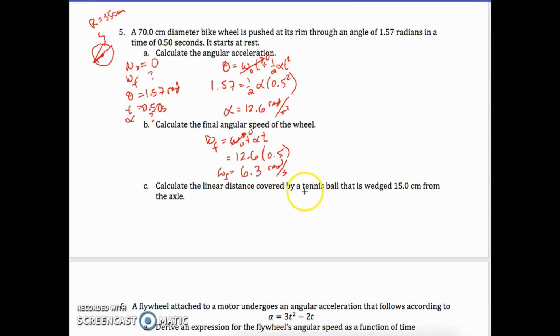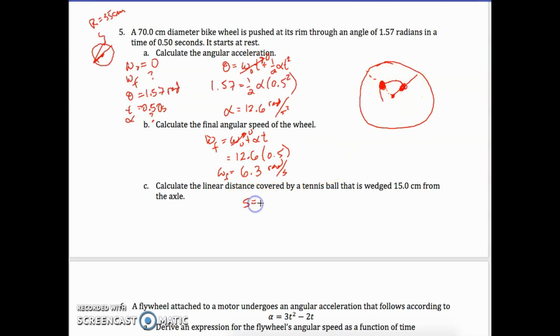Now, suppose we have a tennis ball. So we have a wheel here, and that's 35 centimeters. So we have a tennis ball wedged 15 centimeters from the axle while it's going around, and this should be pi over 2. So from there to there, what is that arc length?